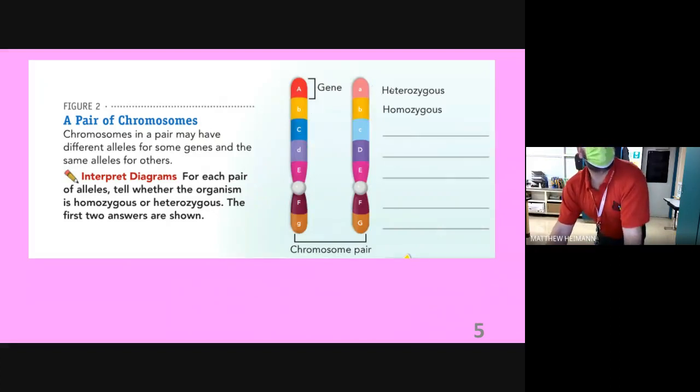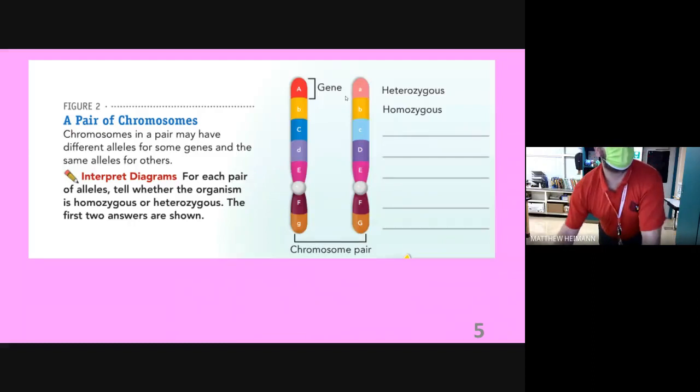This one's heterozygous, so it has a capital A and lowercase a. Inside your body it's not a capital A, lowercase a; there's a dominant allele and a recessive allele. The capital will be dominant, the lowercase will be the recessive one. This one's homozygous, so they're both the same.